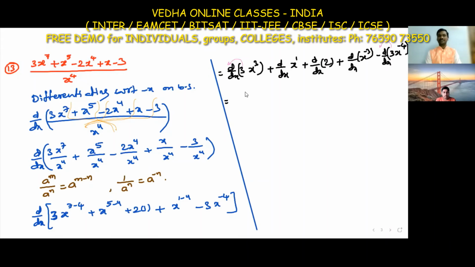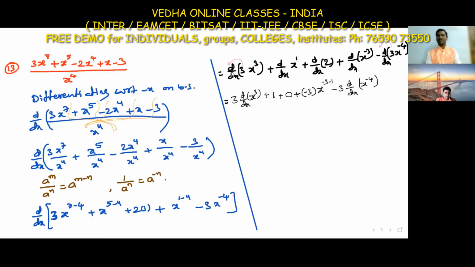So 3 is a coefficient writing outside, and d by dx of x to the power 3. d by dx of x is equal to 1, plus d by dx of constant is 0, minus 3 into d by dx of x to the power minus 4 as it is.